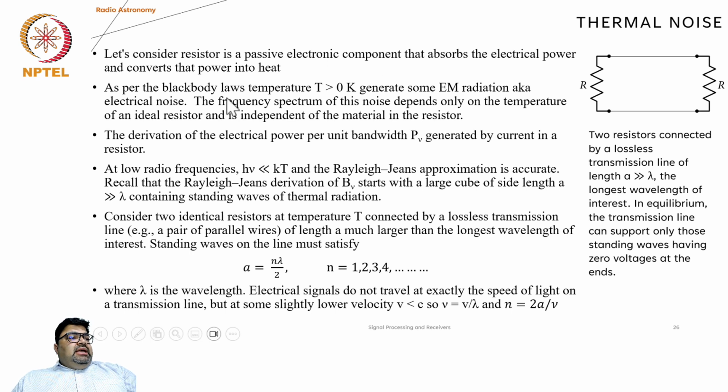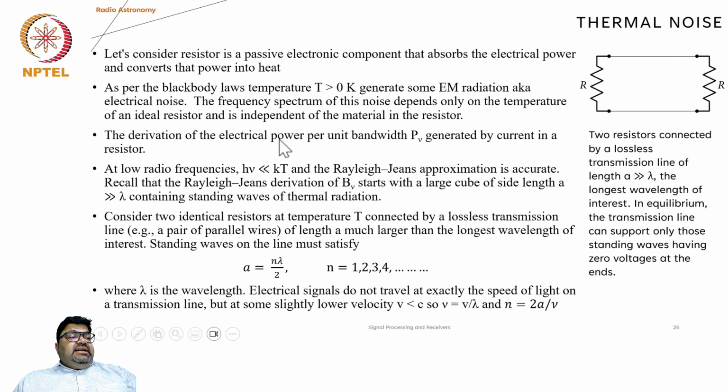As per the black body laws, a temperature T greater than 0 Kelvin generates some electromagnetic radiation, aka electrical noise. The frequency spectrum of this noise depends only on the temperature of an ideal resistor and is independent of the material of the resistor itself.